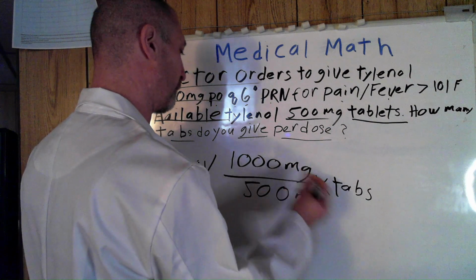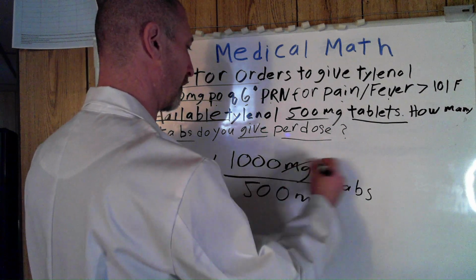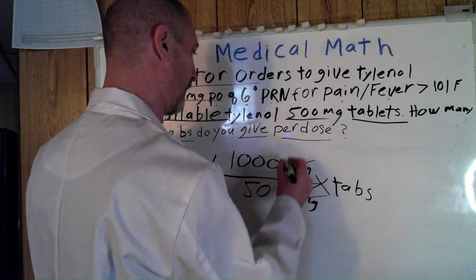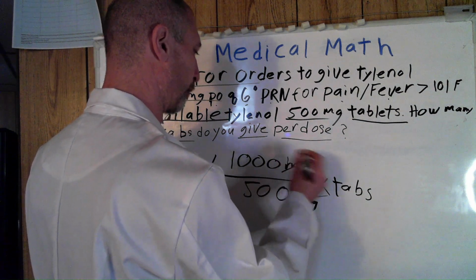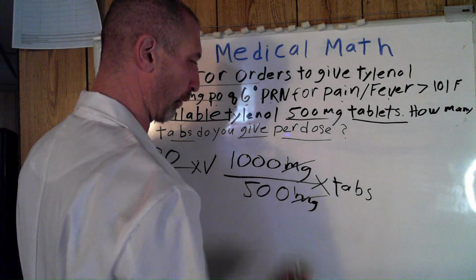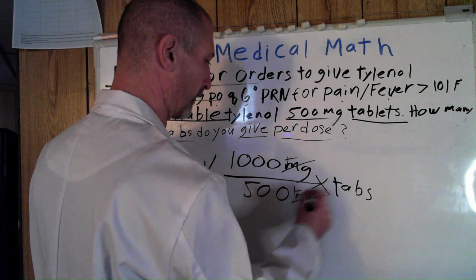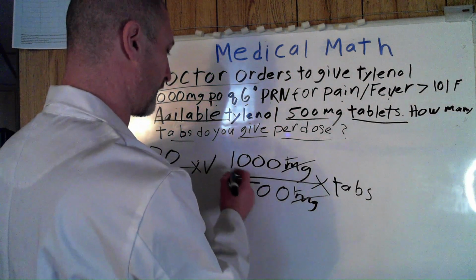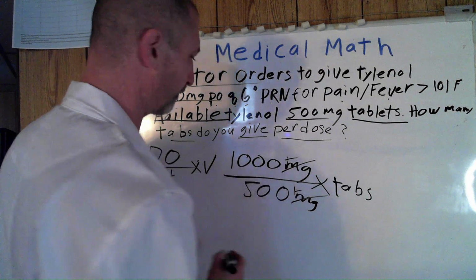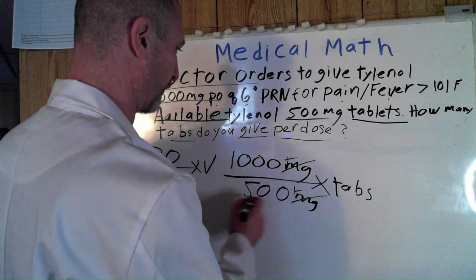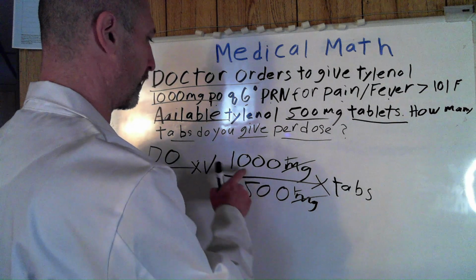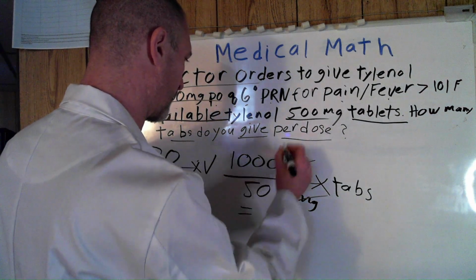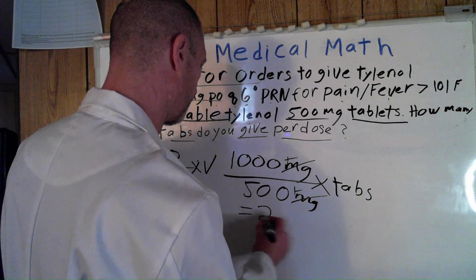All right, so the first thing we're going to do is we're dividing. Milligrams will cross out because basically this equals 1 milligram equals 1 milligram. 1 divided by 1 is 1. Okay, now we're going to divide 1,000 over 500. If you divide that, what do you get? That's going to equal 2.